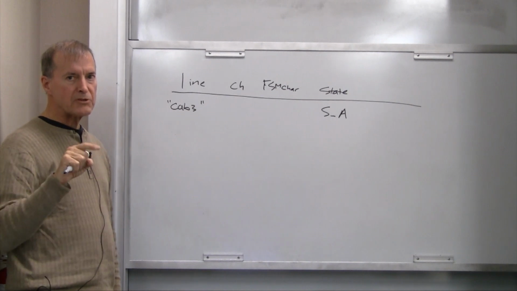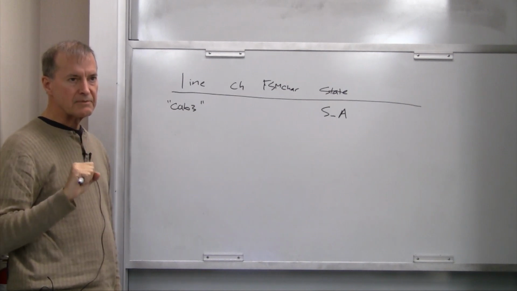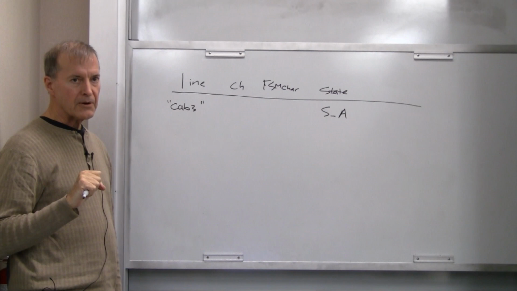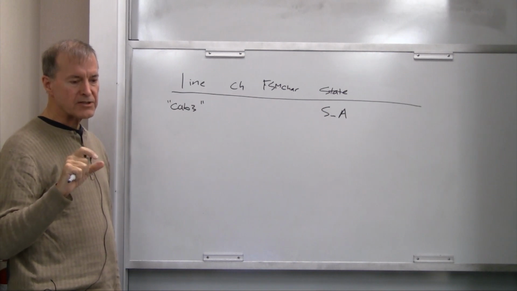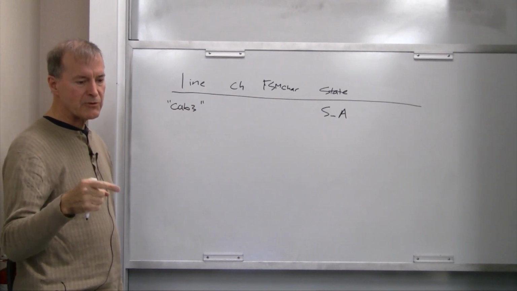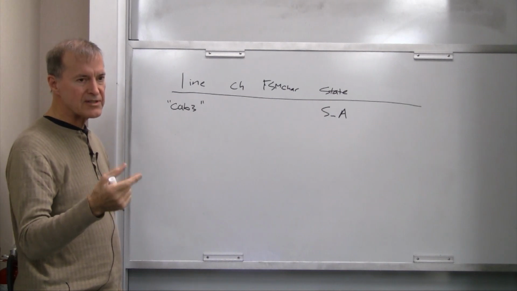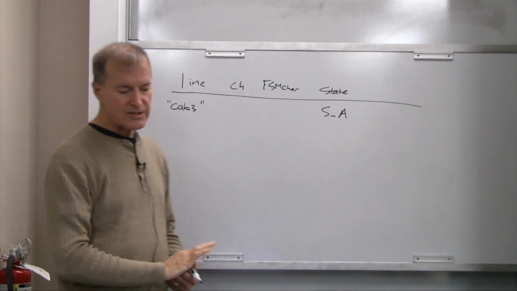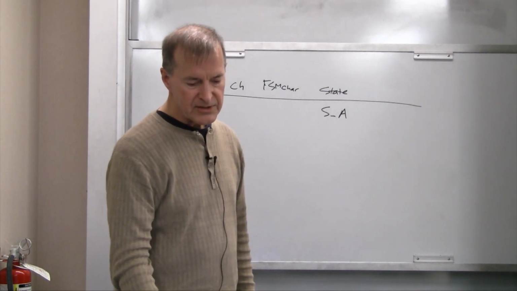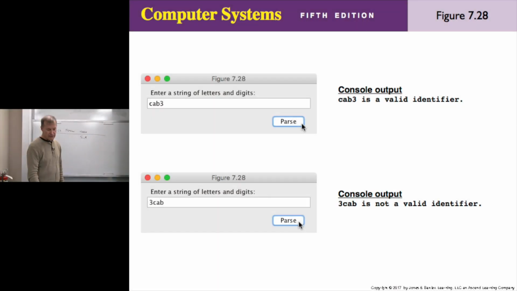Because actionPerformed is what executes when you click the button. And so when you click the button, the very first thing we do in actionPerformed is string line gets text field dot get text. That text field is this in figure 7.28. It's that text input box. That's what that is. Are you with me?